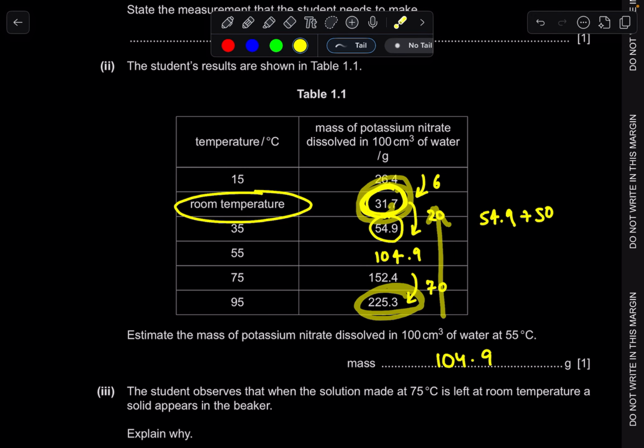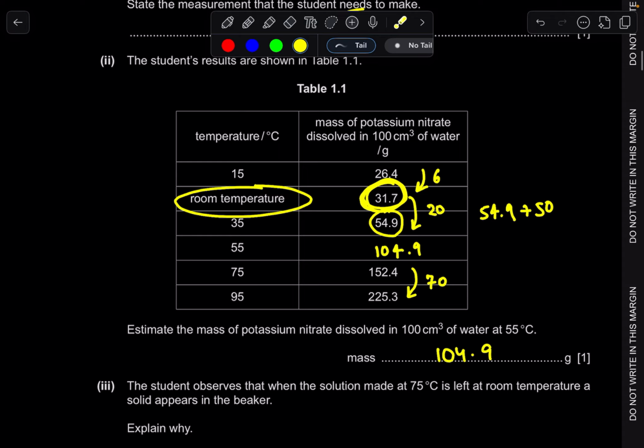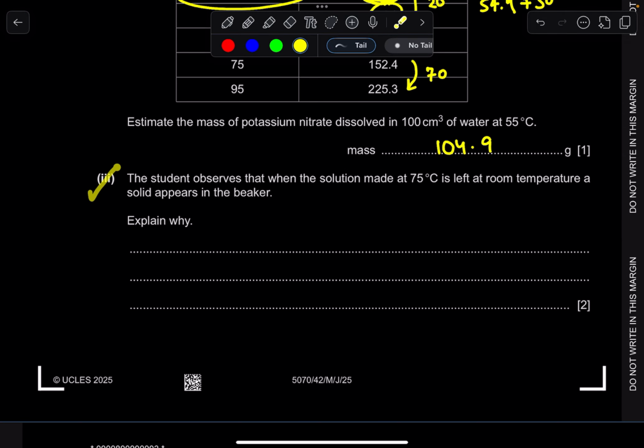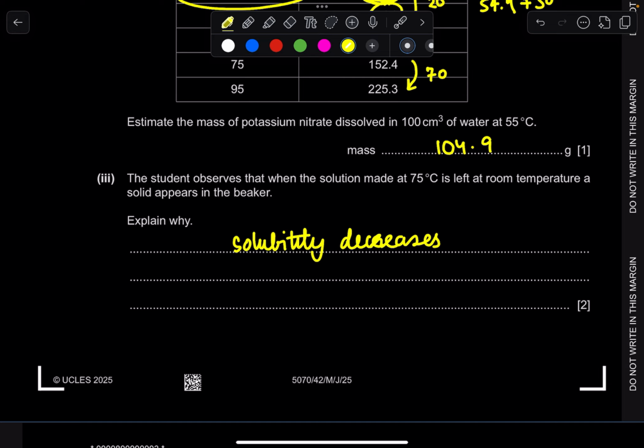All the rest is going to turn back into a solid. So I hope you understand this question. You can simply write that your solubility decreases as temperature decreases, and secondly that it is being cooled down.